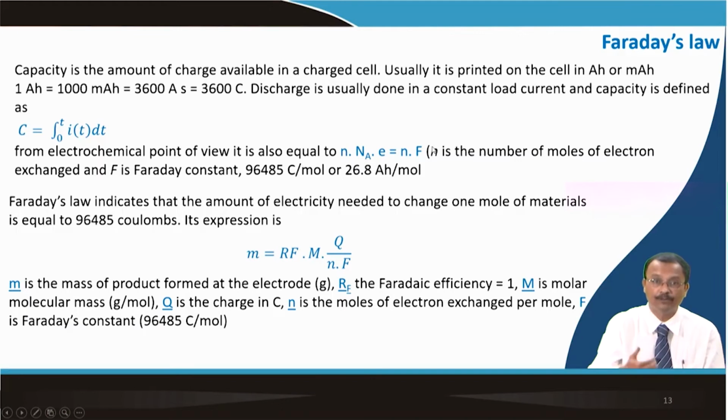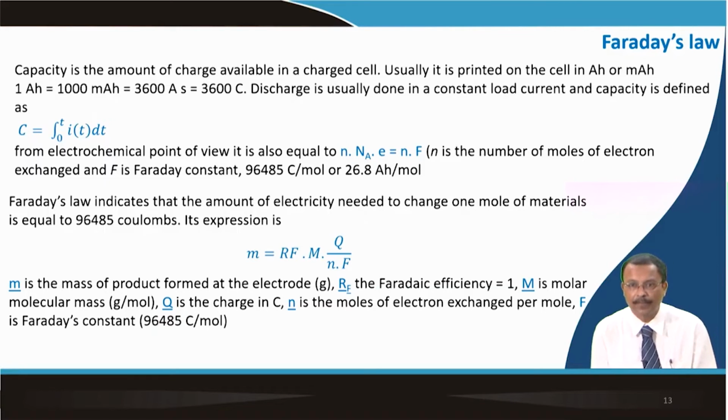So, n is the number of moles of electrons that is exchanged, and F is the Faraday constant. If you multiply the electronic charge with the Avogadro number, then you get the Faraday constant as 96485 coulomb per mole, which can be transferred from the earlier relation as 26.8 ampere hour per mole.